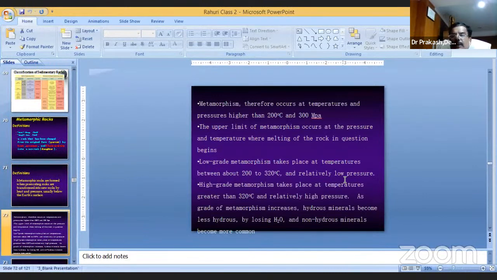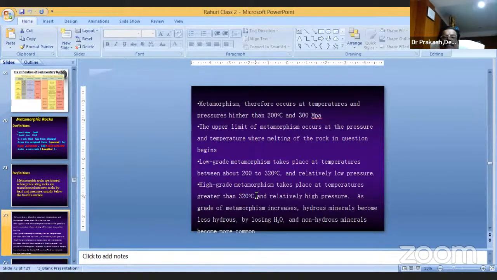This is another important question that was asked, I think, in 2016-17: low-grade metamorphism and high-grade metamorphism. Low-grade metamorphism takes place at temperatures between about 200 to 320 degrees Celsius, and high-grade metamorphism takes place at temperatures greater than 320 degrees Celsius.